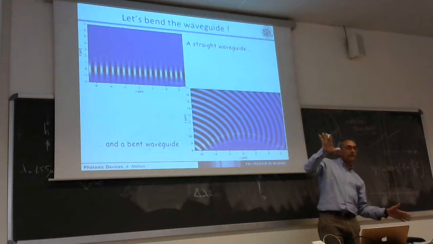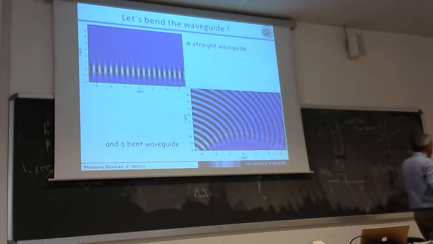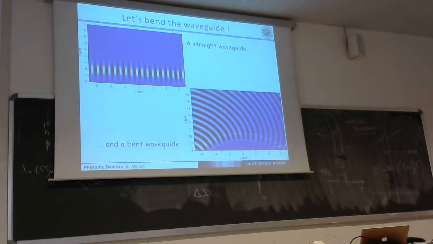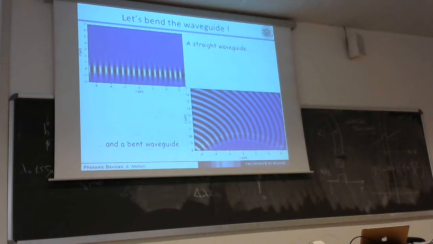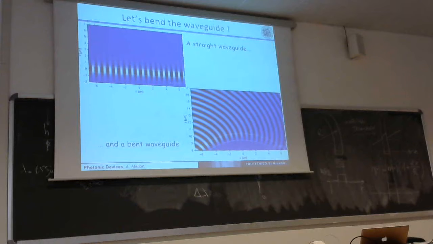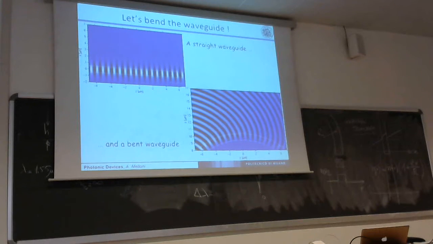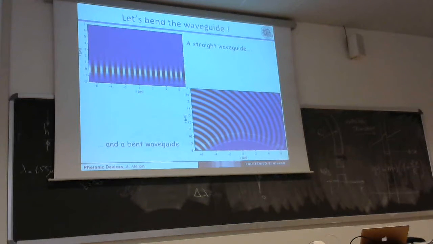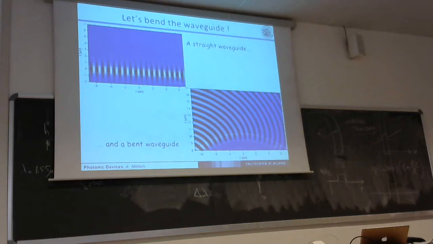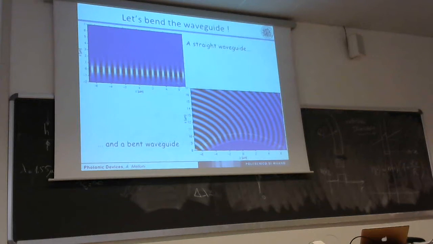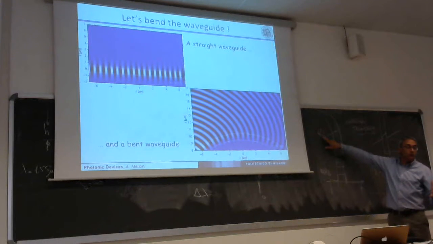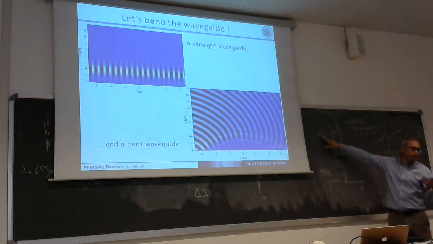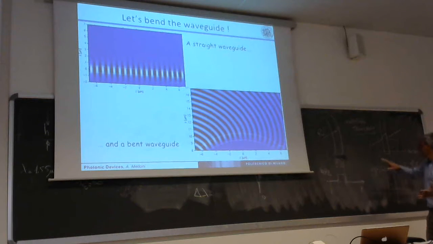And the tilt of the refractive index depends on the bending radius. Obviously, if the bending radius is very, very large, the waveguide is more or less straight.